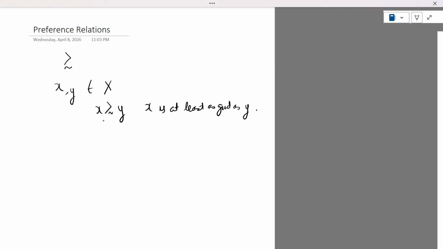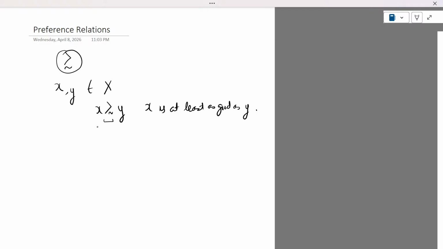This is called a weak preference relation. At least as good as includes two possibilities: that x is strictly better than y, or x is exactly as good as y. So this is a very broad comparison relation from which other relations are derived.